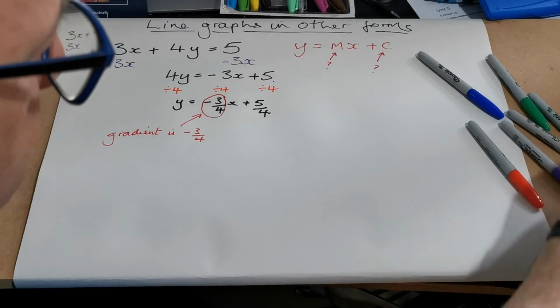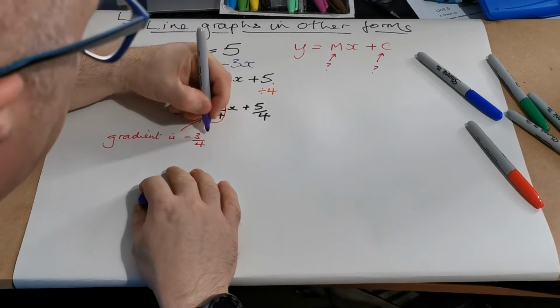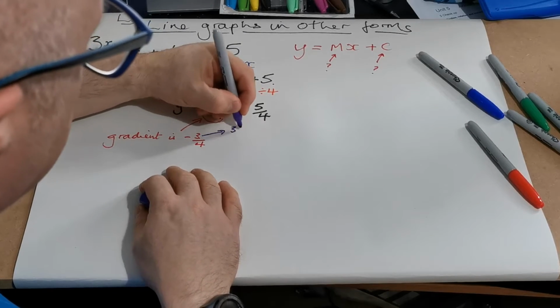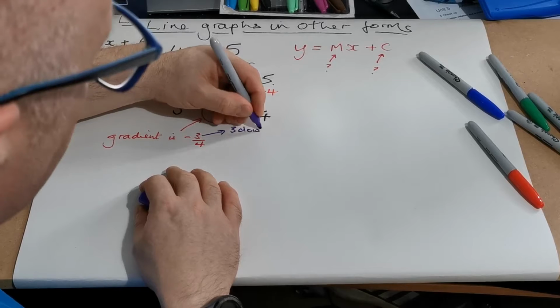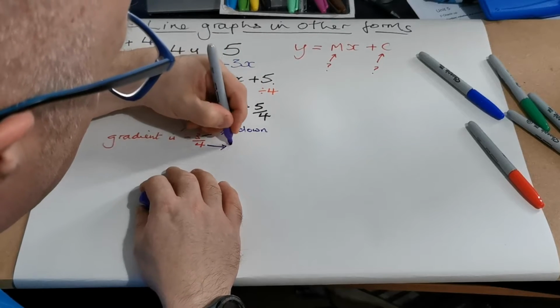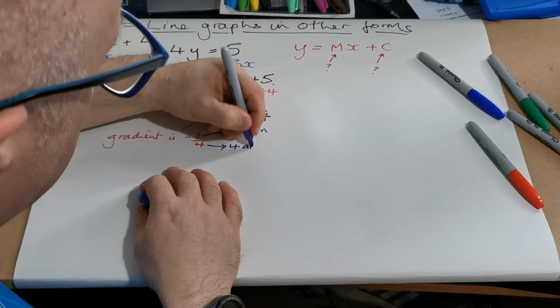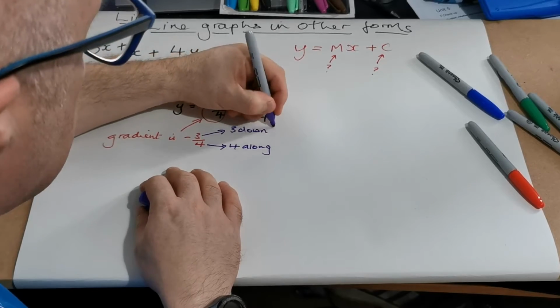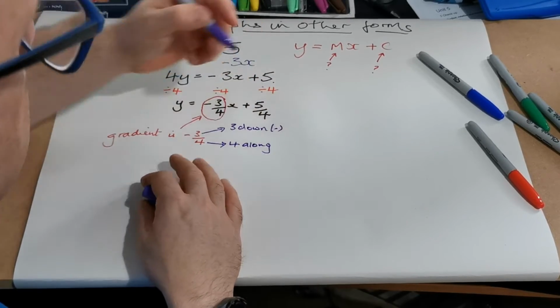Now what does that mean? Well, that means that I go 3 down for every 4 along. And the down came from because it was minus.